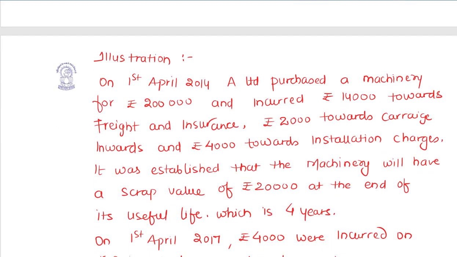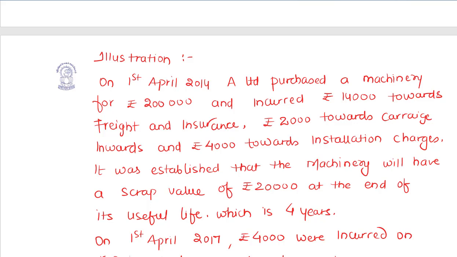Please refer the question once again. On 1st April 2014, A Limited purchased a machinery for rupee 2 lakh and incurred rupee 14,000 towards freight and insurance, rupee 2,000 towards carriage, and 4,000 towards installation charges. It was established that the machinery will have a scrap value of 20,000 at the end of useful life, which is 4 years.